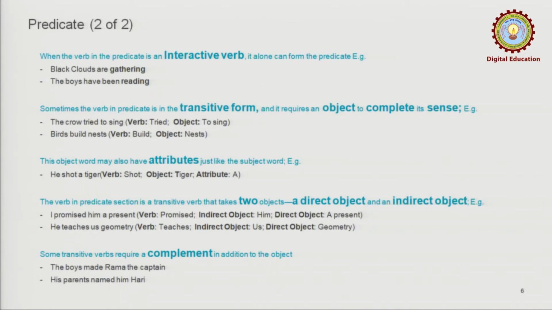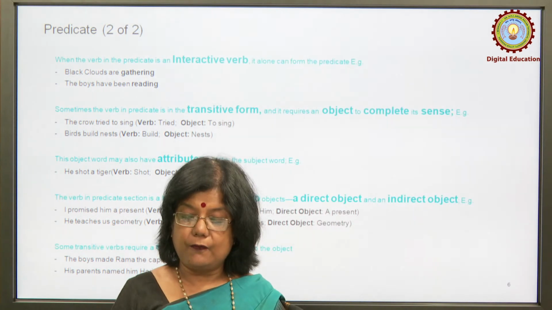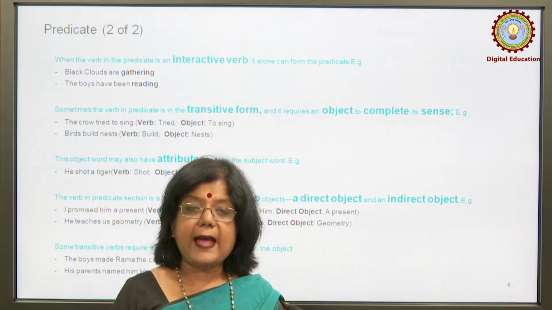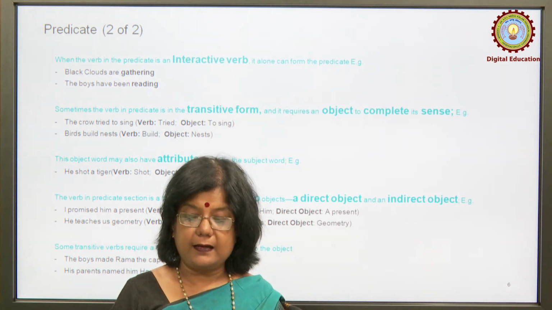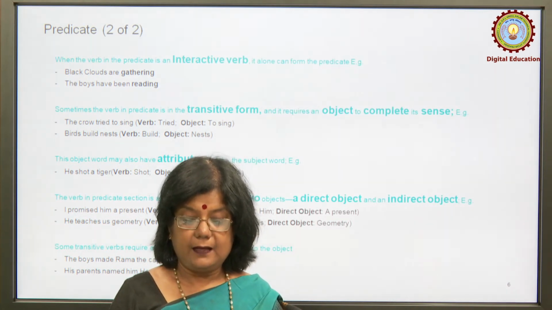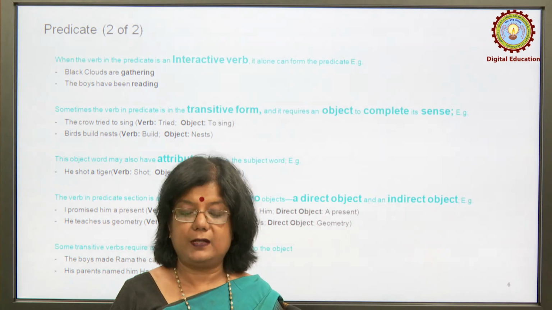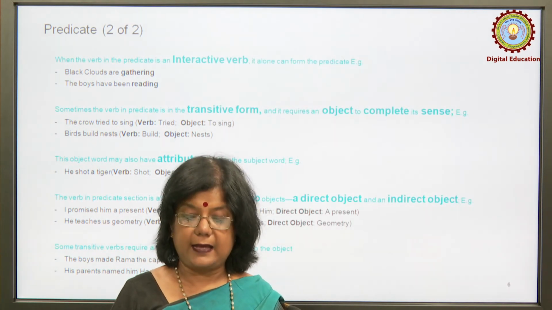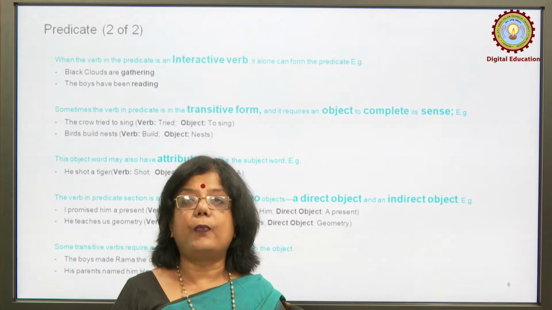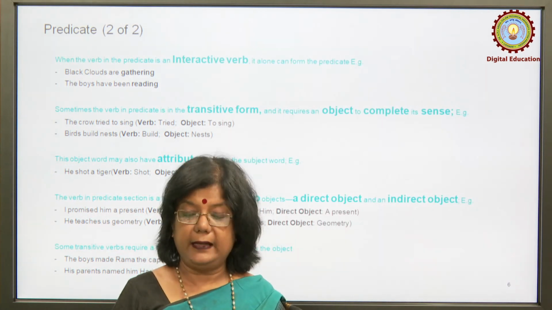When the verb in the predicate section is an intransitive verb, it alone can form the predicate. Examples: Black clouds are gathering. Now, just pay attention here, black clouds are gathering. So, here gathering will be under the category of intransitive verb. The boys have been reading.